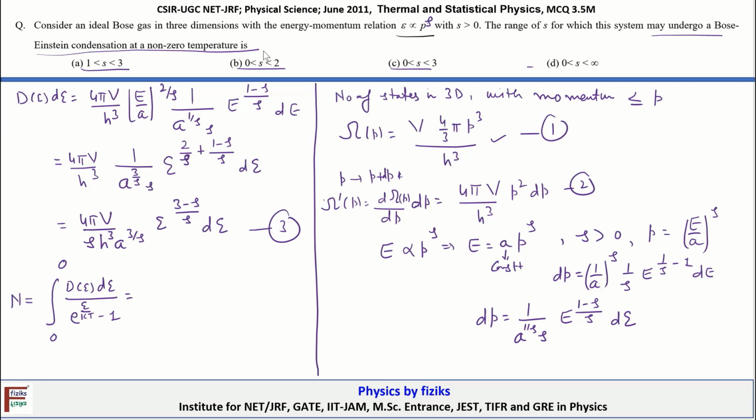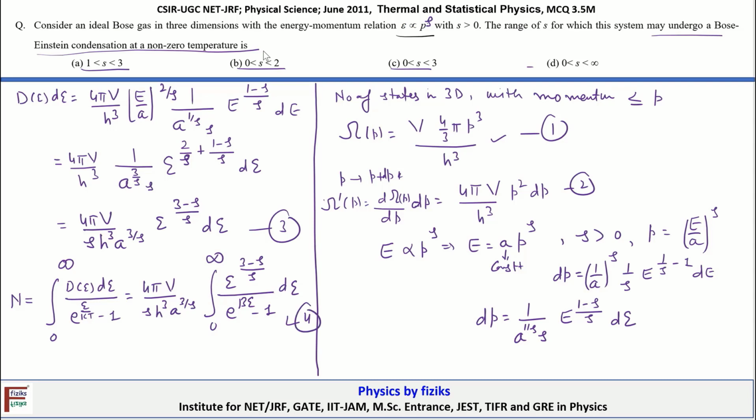When you substitute the value of the density of states, this expression becomes equal to 4 pi V upon s h cube a power 3 by s, integral from 0 to infinity of E power (3 minus s) upon s divided by exponential beta E minus 1. That's the distribution function for the bosonic particles. Let me call this equation 4.